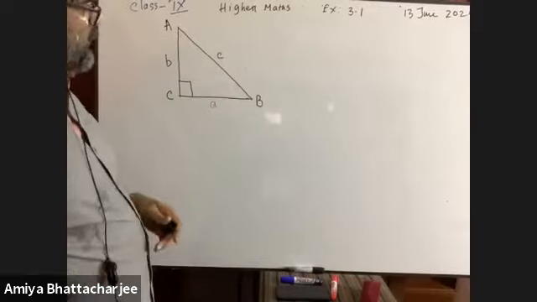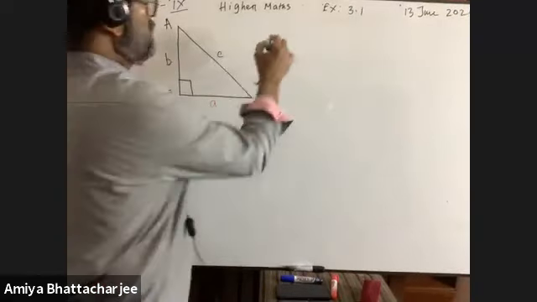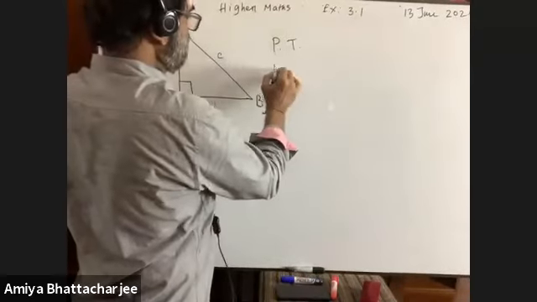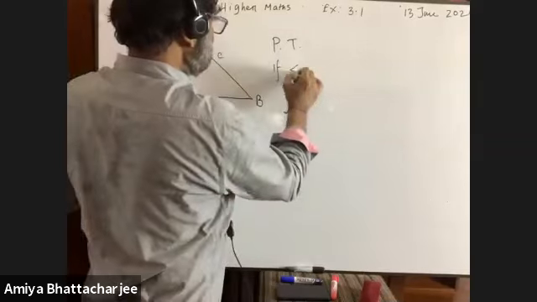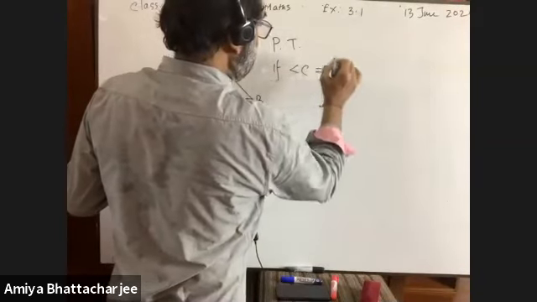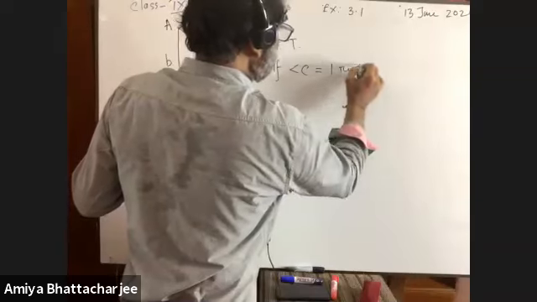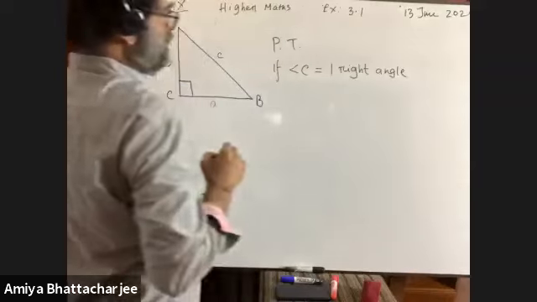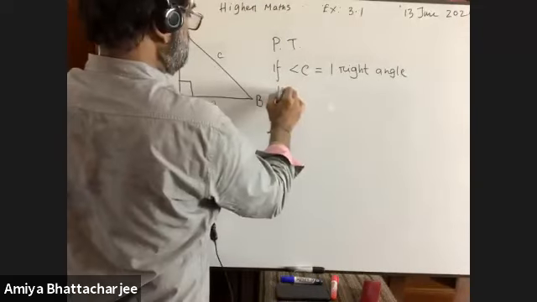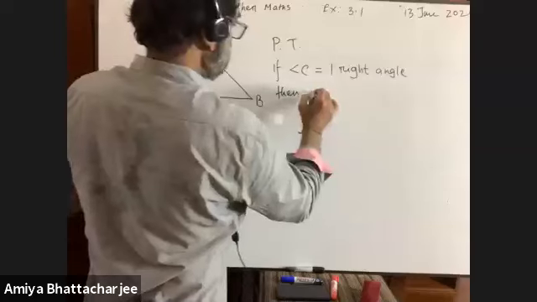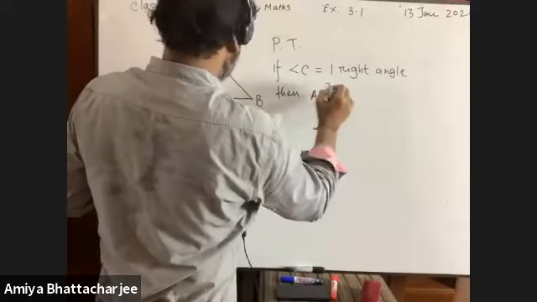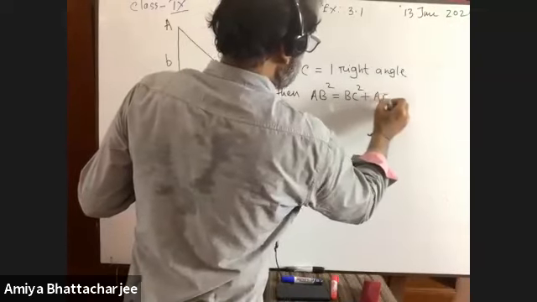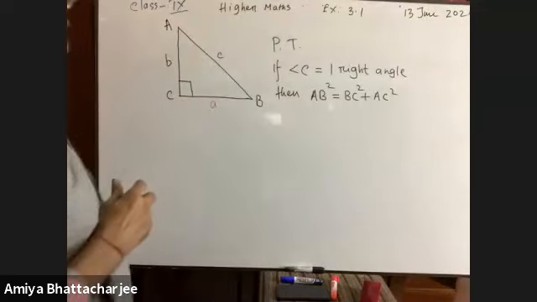In the Pythagoras theorem, it is told if angle C is equal to one right angle, then AB square is equal to BC square plus AC square, right? This is the theorem.